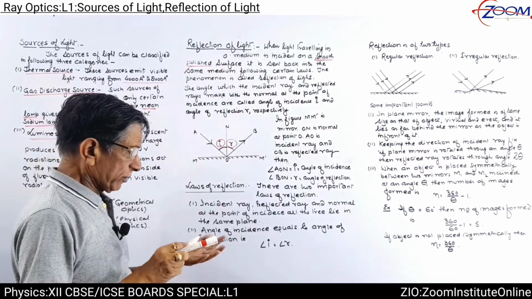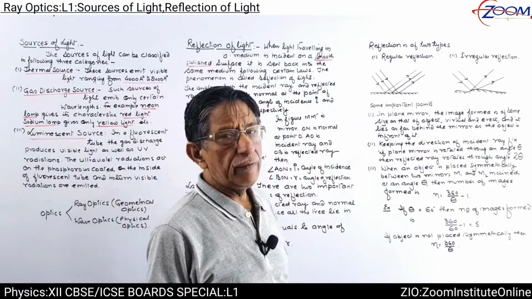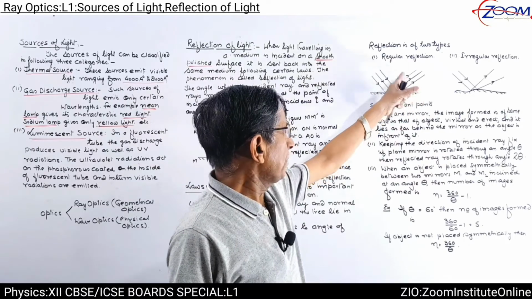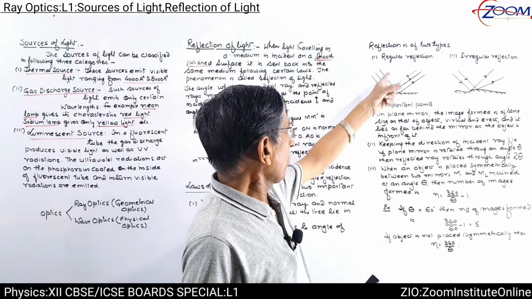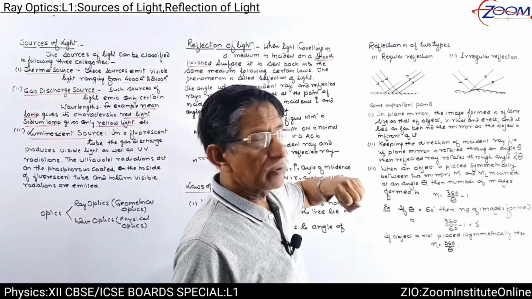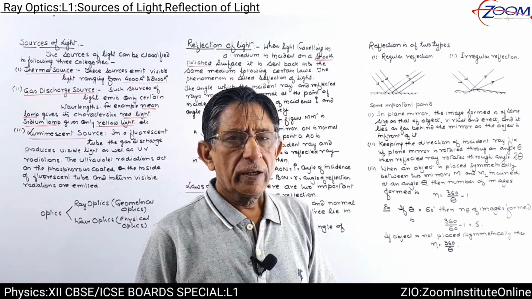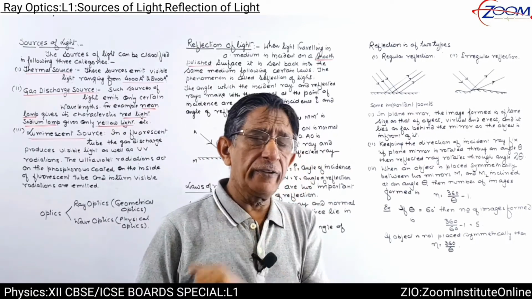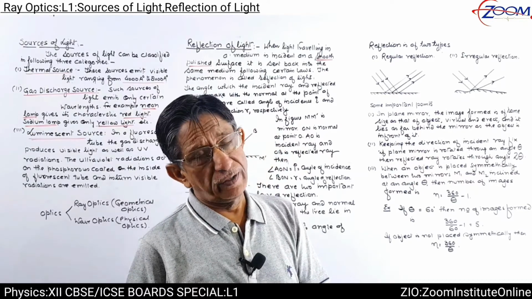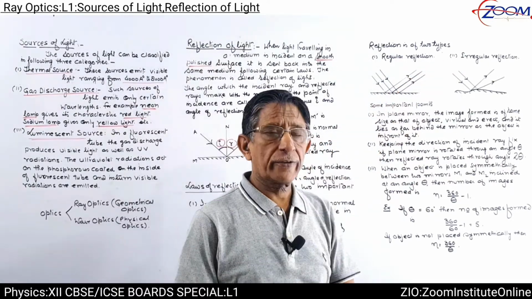If the surface is smooth and polished, then the beam of incident rays as well as the beam of reflected rays are both parallel. All the incident rays are parallel to each other. All the reflected rays are parallel to each other. If incident rays and reflected rays remain parallel to each other, then the phenomenon is called, students, regular reflection.